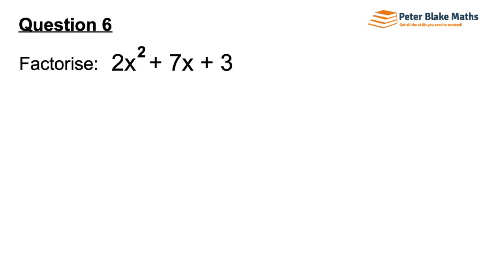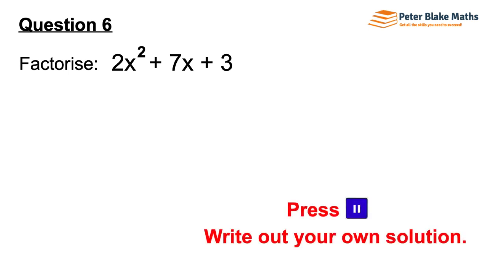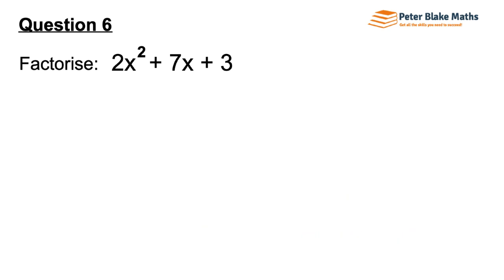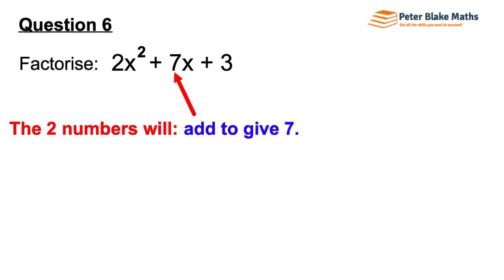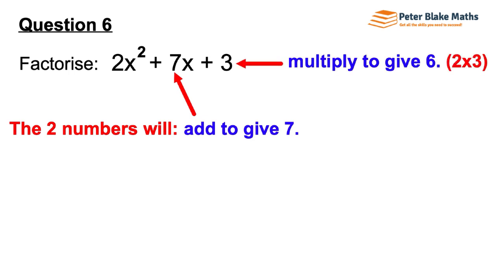Question 6. Factorize 2x squared plus 7x plus 3. The two numbers we'll be looking for in the brackets will be adding together to give 7, and in this case, because we've got a 2 out the front there, they'll multiply together to give 6.